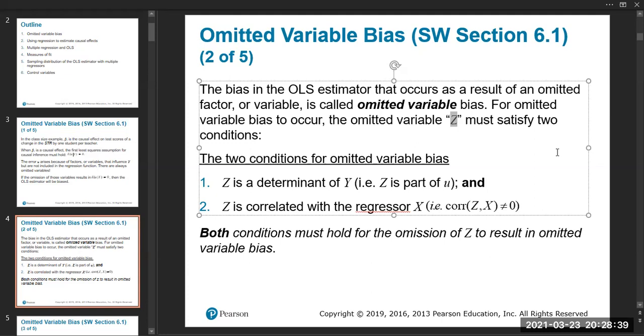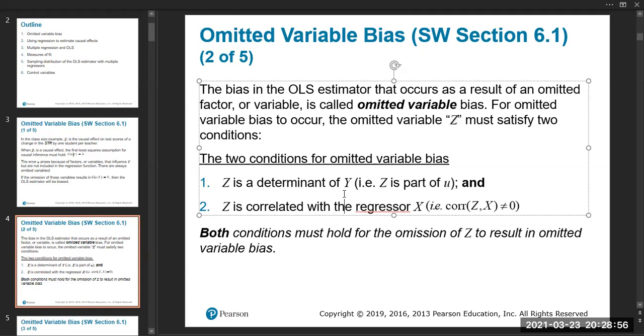Both conditions must hold at the same time for the omission of Z to result in omitted variable bias. We'll have more examples later, and we also have more examples in our quizzes.